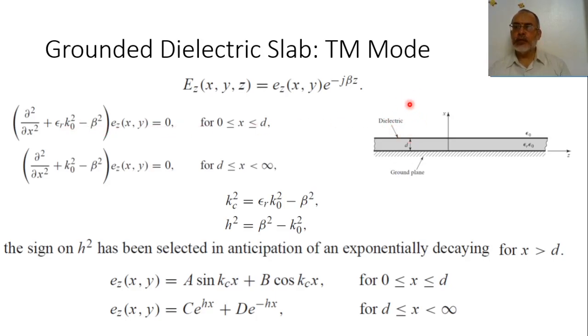In the free space, it is partial by partial x squared plus k naught squared minus beta squared, times Ez, equals 0. The first differential equation is valid for x from 0 to d, and the second is valid for x from d to infinity.